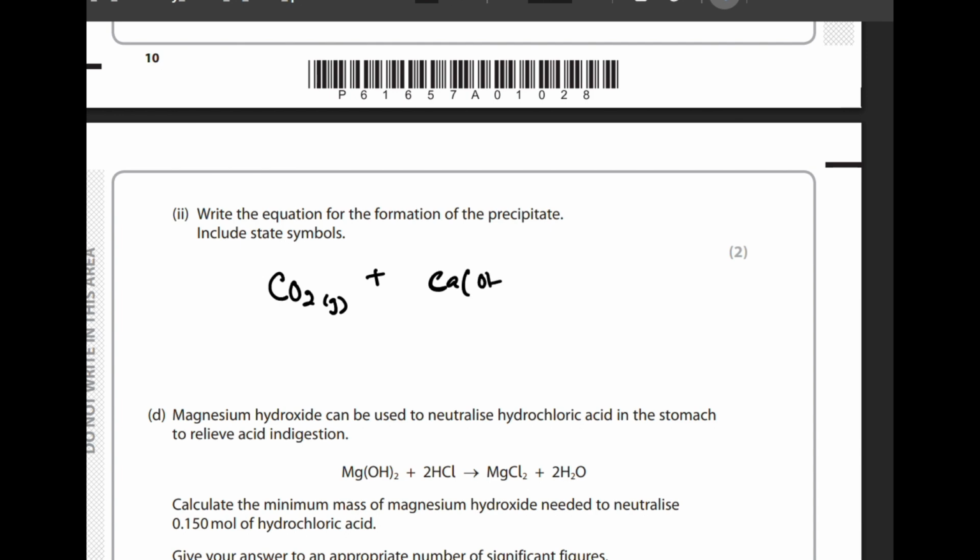It's aqueous calcium hydroxide. It will form the white precipitate of calcium carbonate, which is insoluble. So the lime water turns milky due to the presence of calcium carbonate precipitate.